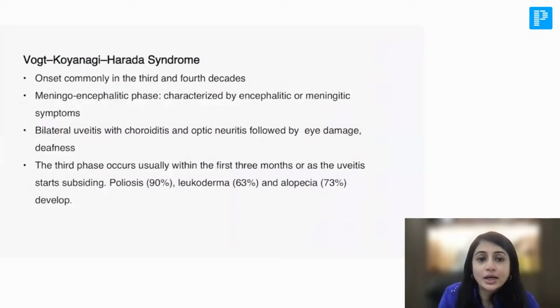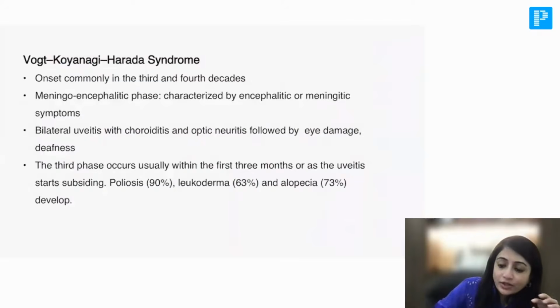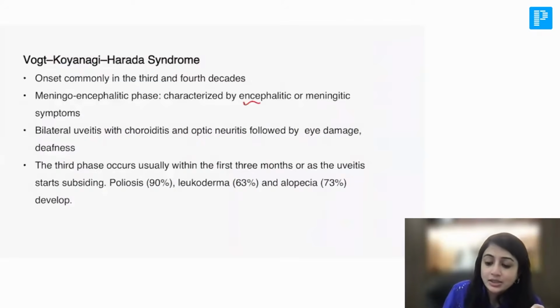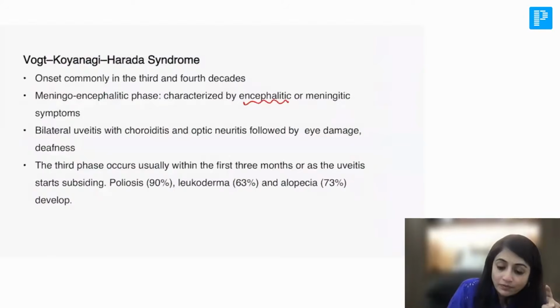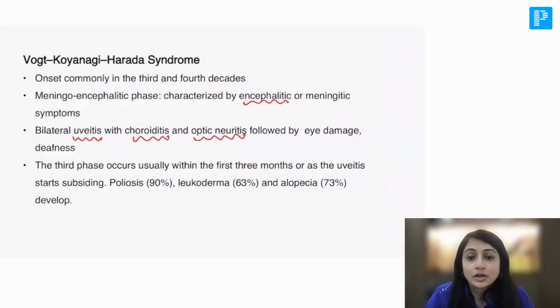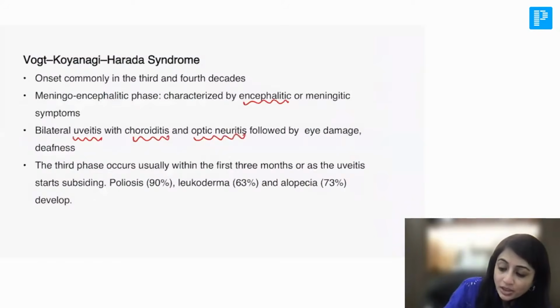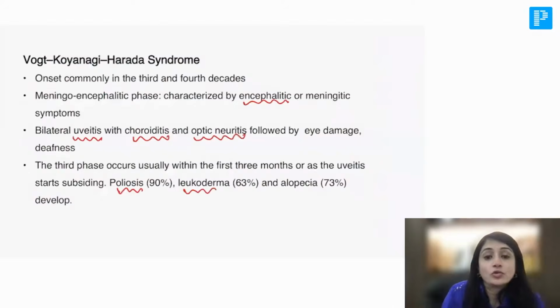VKH syndrome has a meningoencephalitic phase, so you can have encephalitis, you can have meningitis. Then there are eye symptoms with uveitis, choroiditis, and optic neuritis. After that you have poliosis, leukoderma, and alopecia.